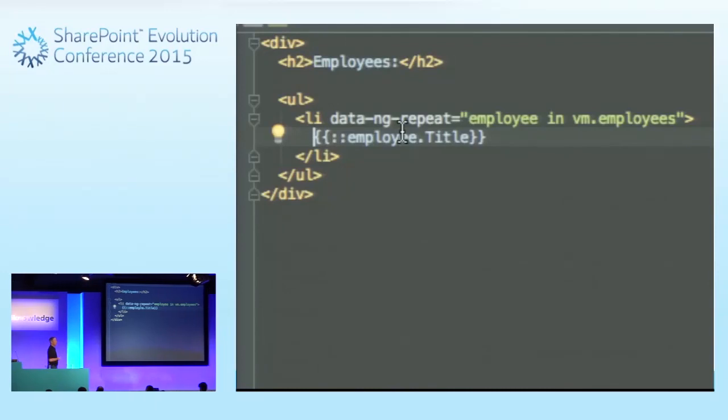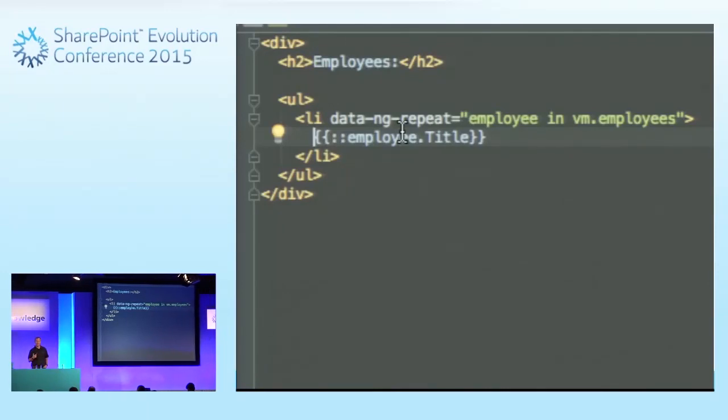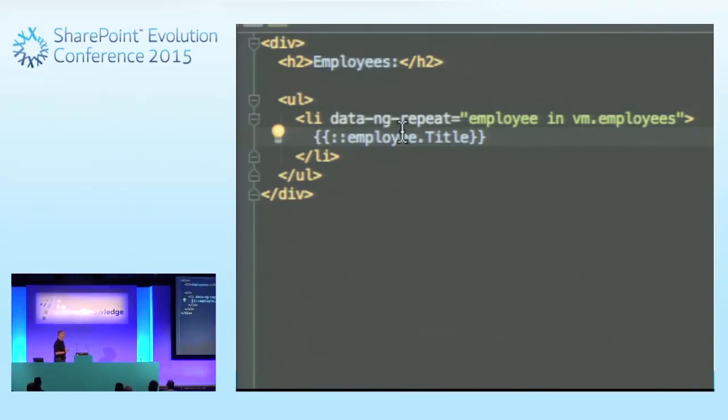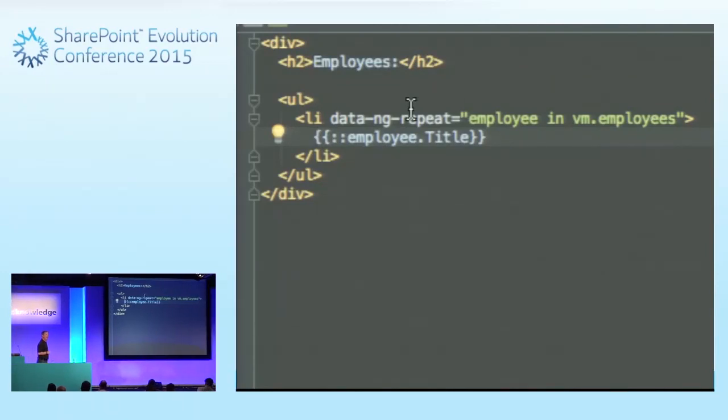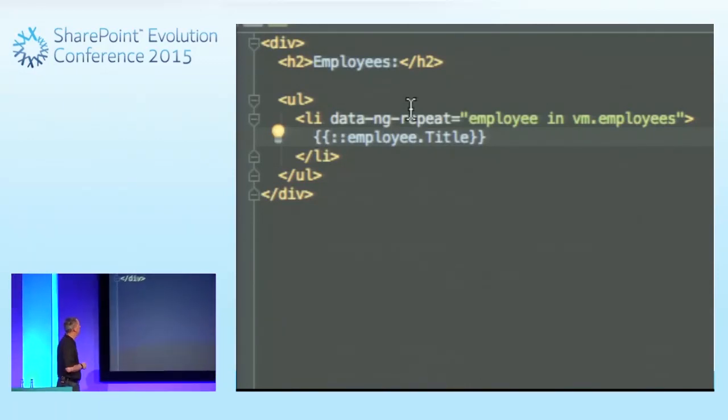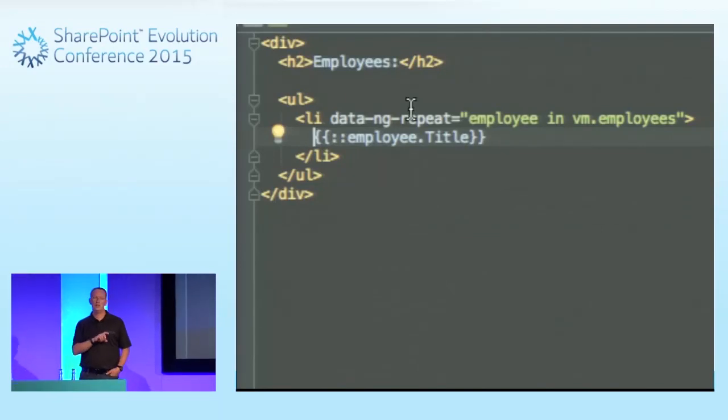I'm going to enumerate through that, and for each one that I hit inside the employees collection, I'm going to call it employee. And then you see there on the line where the cursor is, apparently it's got a good idea with a little light bulb next to it. I'm using an Angular data binding syntax that says, I want you to bind the title property to this area right here on the list item. So we're just going to write out the title of this person, all right? Which I think is their full name. I'm using a syntax here where you see that colon, colon.